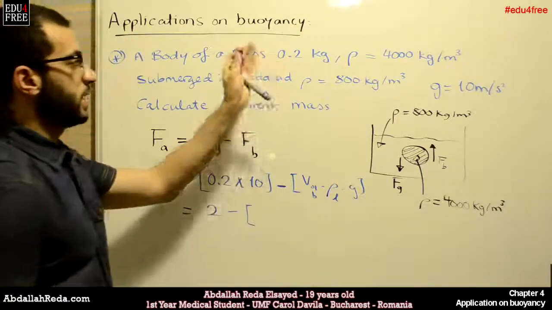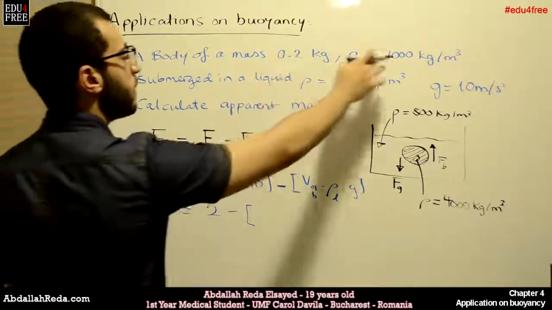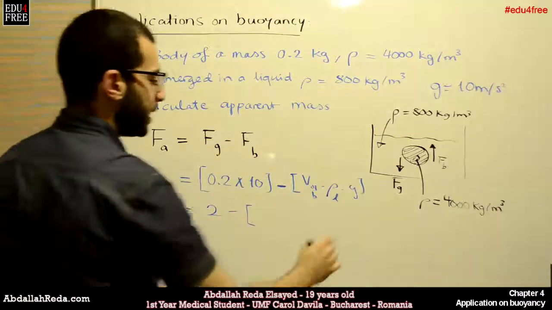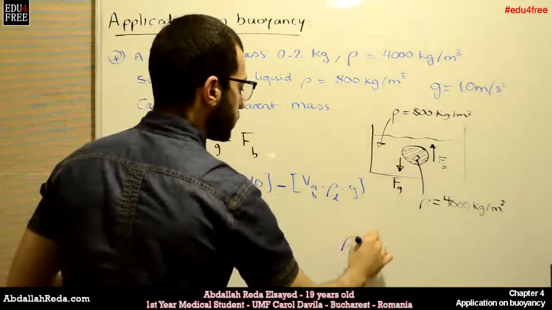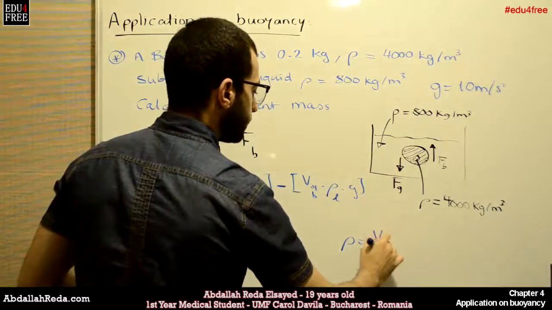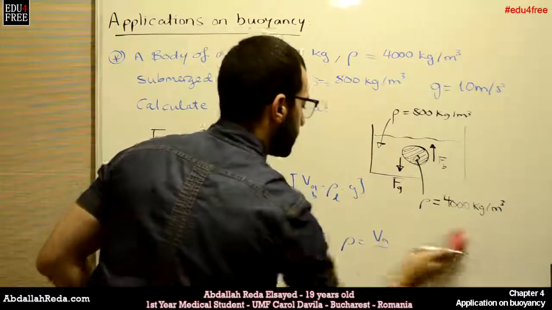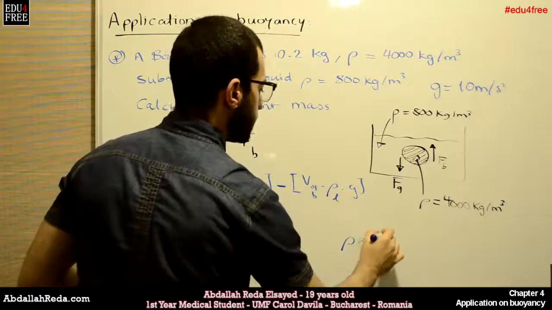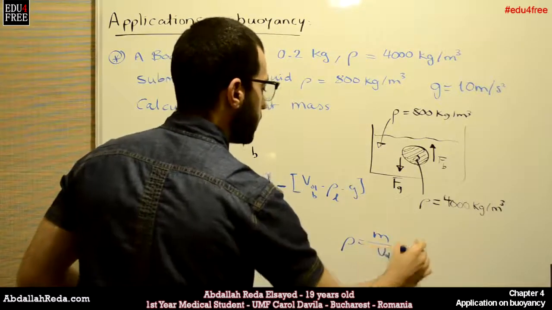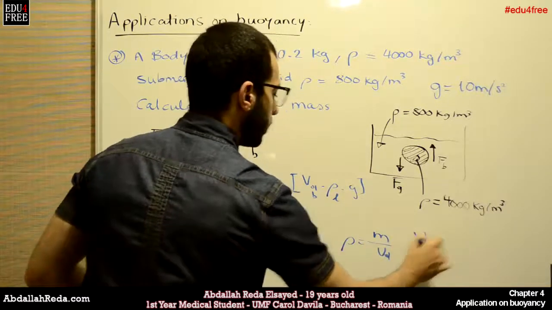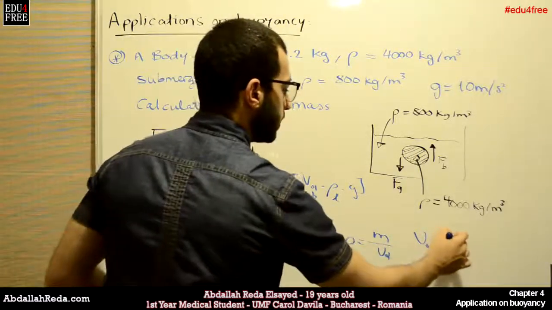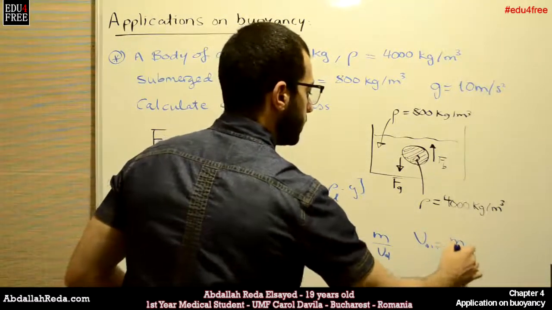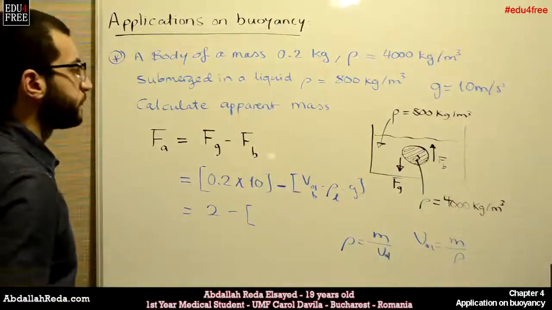We don't have it directly here, but we have the mass and we have the density. We know that the density equals the mass divided by the volume. So the volume will equal the mass divided by the density.